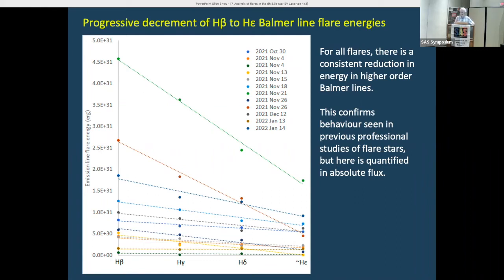This confirms behavior that's been seen in many papers, but we are quantifying it in an absolute sense, which is something I think is not always easy to do in the professional data, where they don't have the calibration in absolute flux.